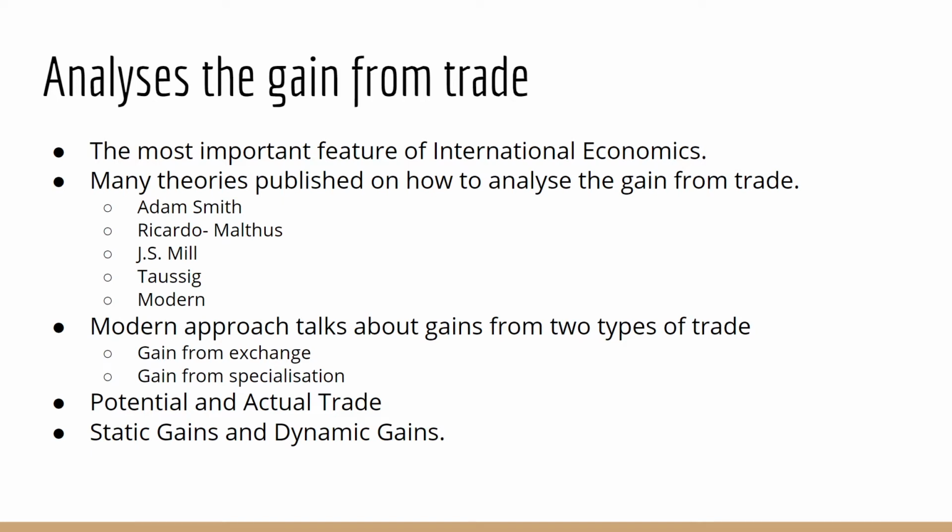However, we are not going to cover all of these in detail. We might cover, if I'm not wrong, Adam Smith and Ricardo in our portion, and then we have some other really weird names and their theories. So let's skip to the modern approach because that's the most recent. The modern approach talks about gains from 2 types of trade: gains from exchange and gains from specialization.